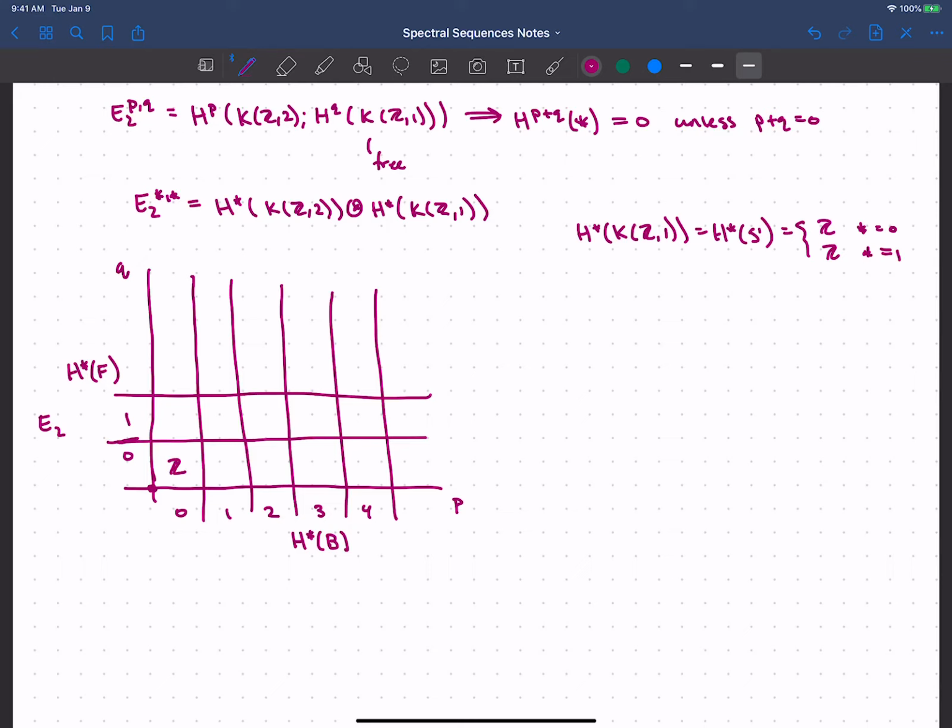And in the 0,1 spot, right above that, we're taking the 0th cohomology of the base with, again, coefficients in the integers, because H1 of the fiber is also Z. So that's, again, a copy of the integers. And we've got 0 all above here, because we're taking the cohomology of the base with coefficients in 0.